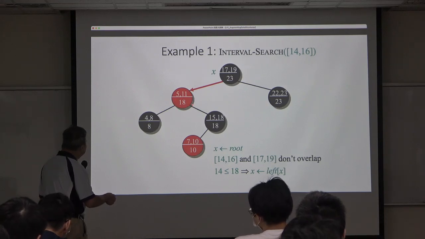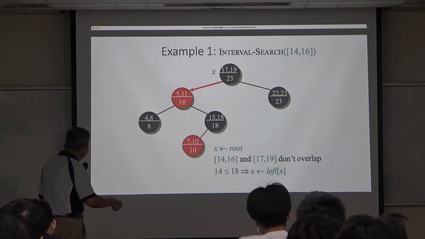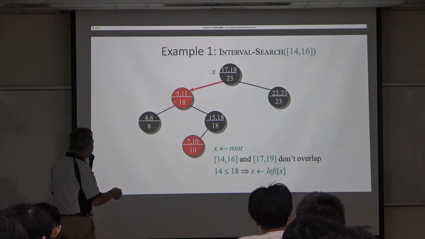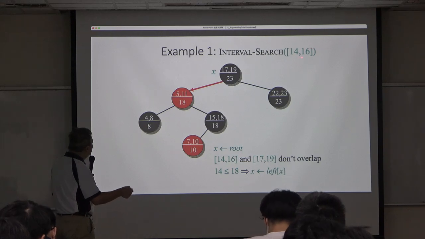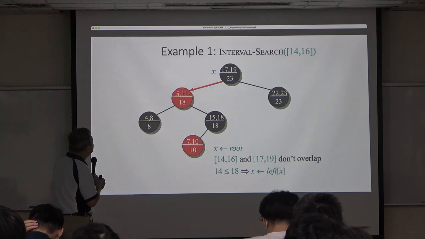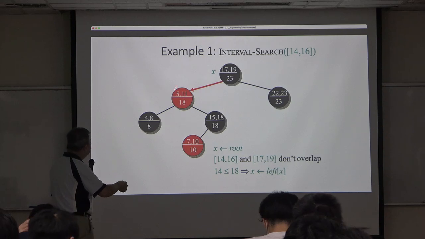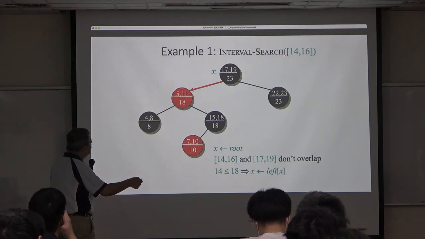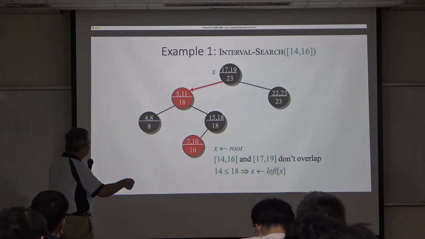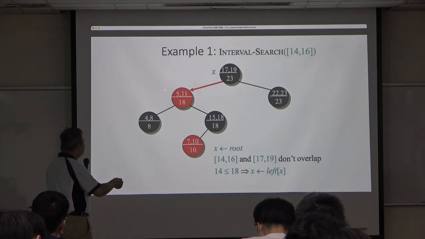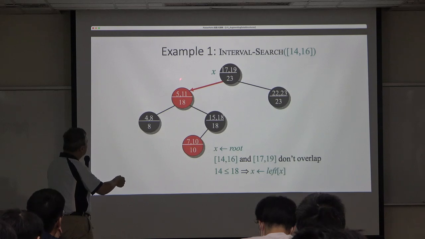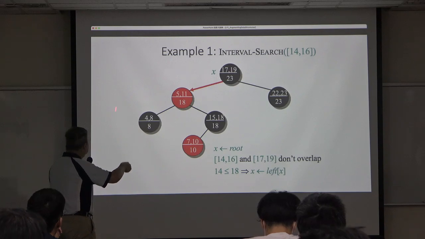This 18 represents the largest endpoint of the subtree rooted here. 18 is larger than the left endpoint 14, so you know that if there's an overlap, it must appear somewhere here.